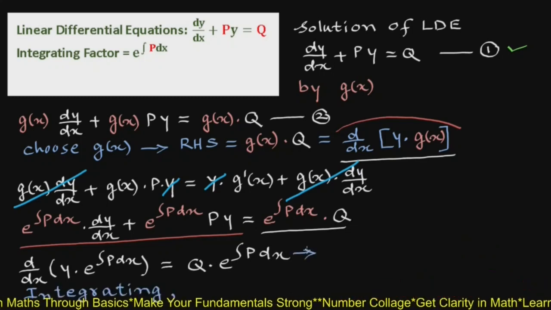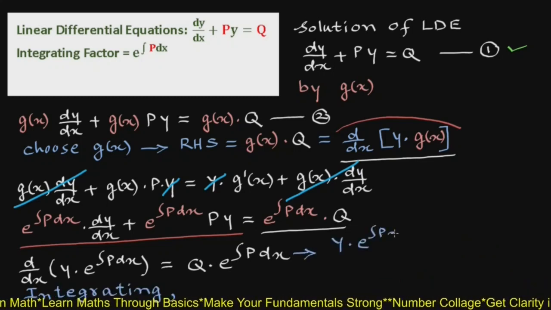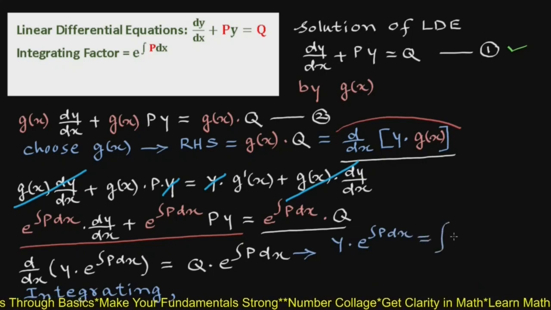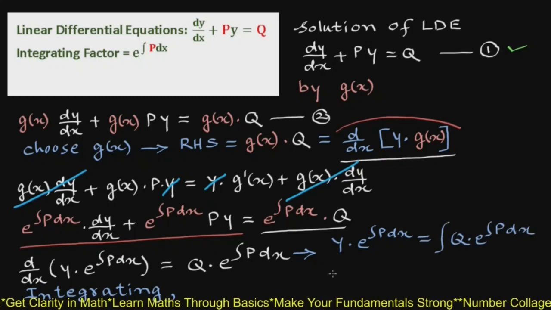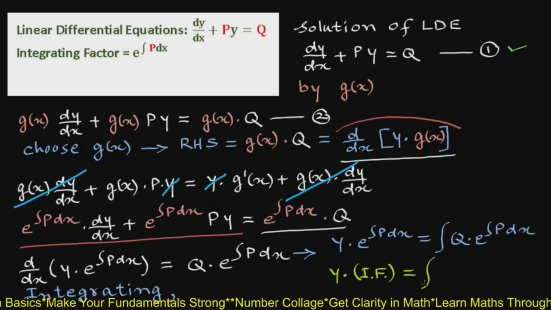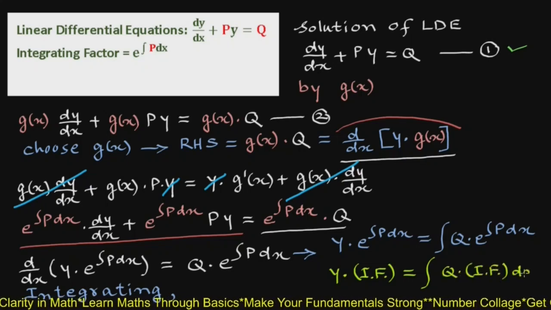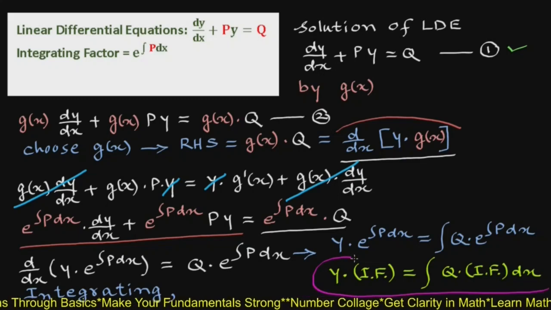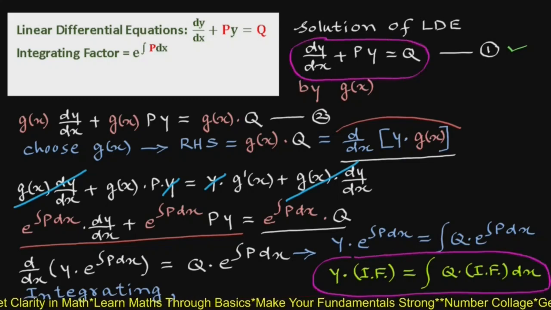Integrating, this will be y into e raised to integral p dx equals integral q into e raised to integral p dx, which is y into integrating factor equals integral q into integrating factor dx. So this is going to be the solution of this linear differential equation.